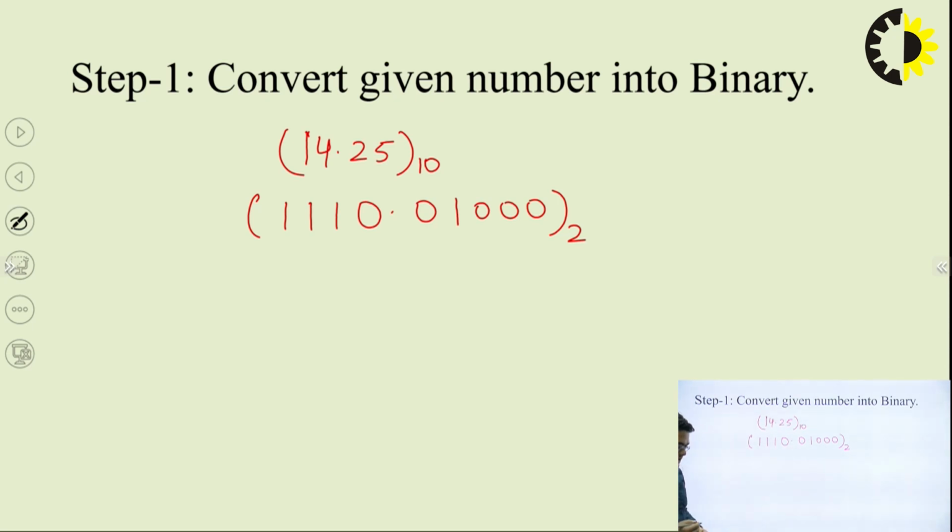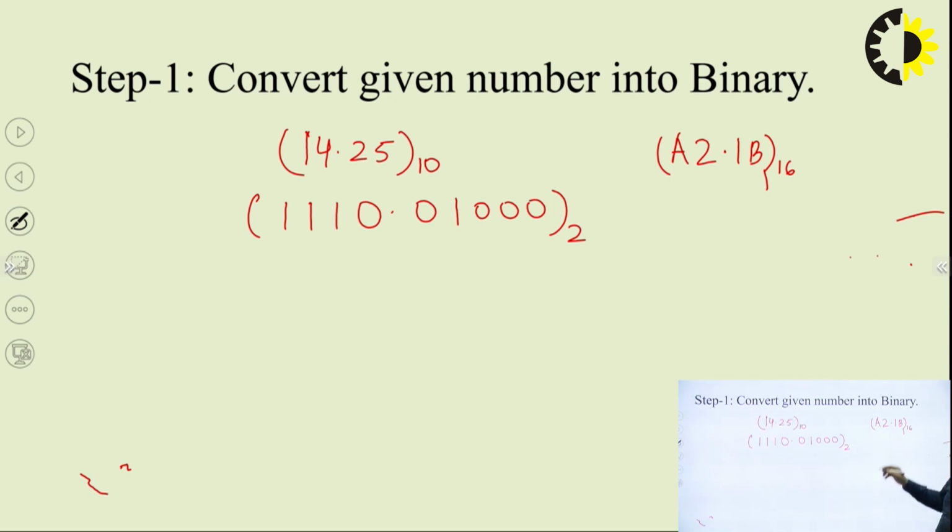So this is our binary number for 14.25. Now you can see that the floating point position is somewhere after we have 5 places. So the position of the point is not fixed, it is moving. Let's say another example, a number A2.1B, which is a hexadecimal number.